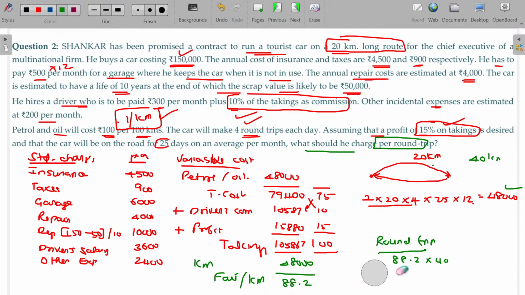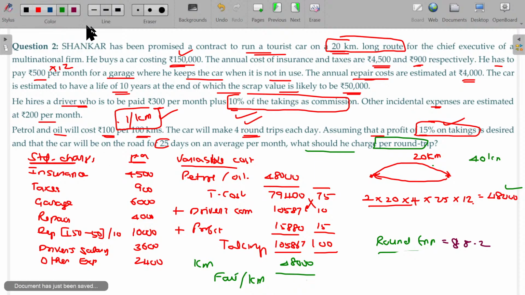What about the value here? Fare per kilometer should be 2 point... correct, 2.20. You have to multiply this with 40 kilometers, then it is 88.2. 88.2 will be the answer.